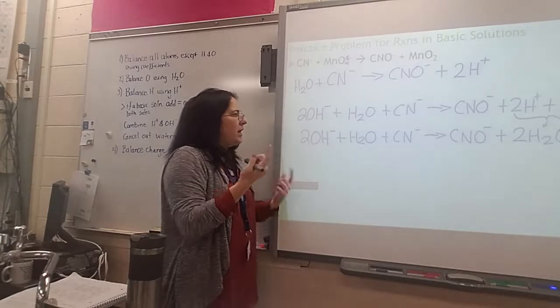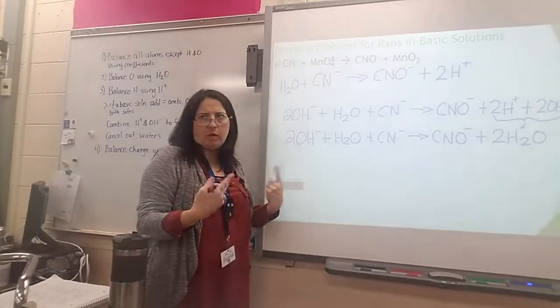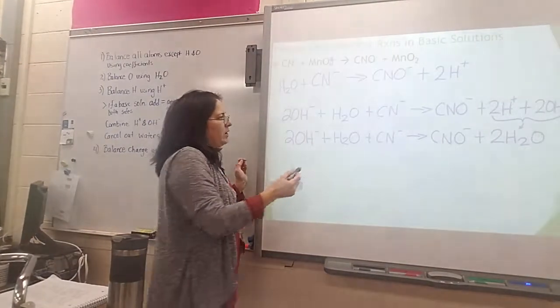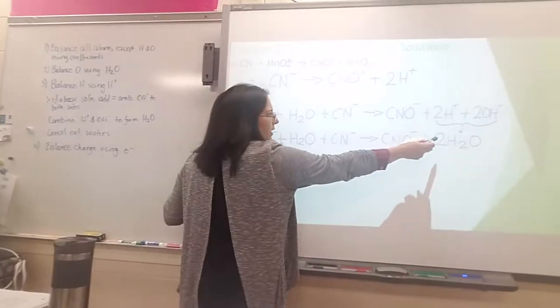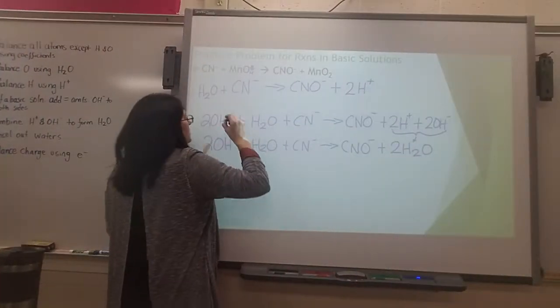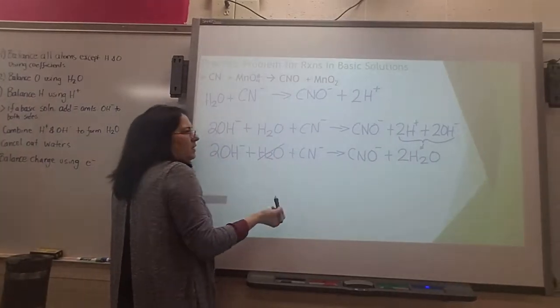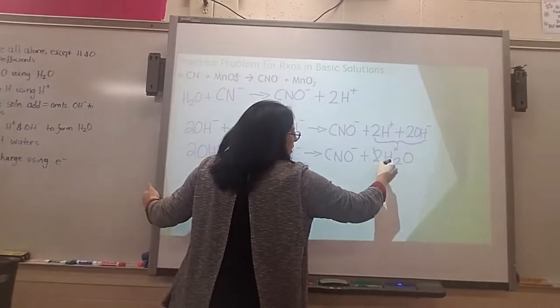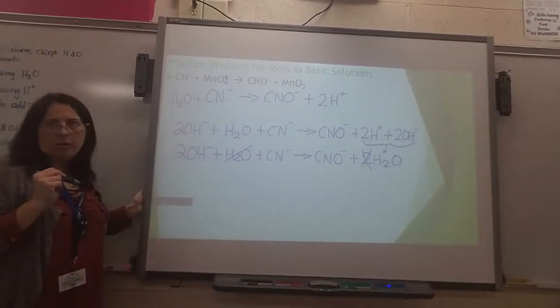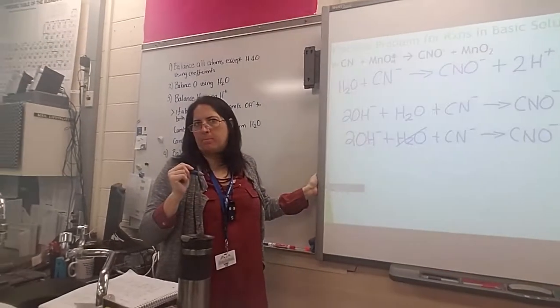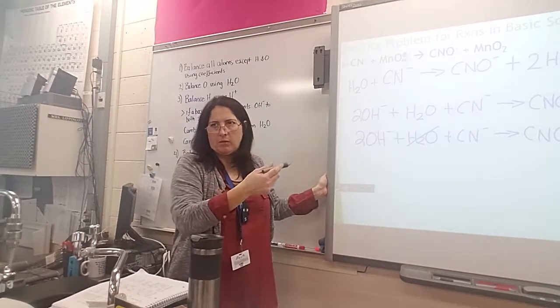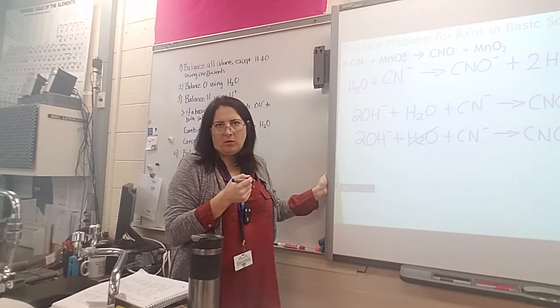Then I cancel out the waters on each side. So over here I have 1, over here I have 2. So this guy here, I can't change my color today, this guy here is going to go away, and that 2 will then go away. They cancel, I'm canceling them. Does that make sense, what I just did?